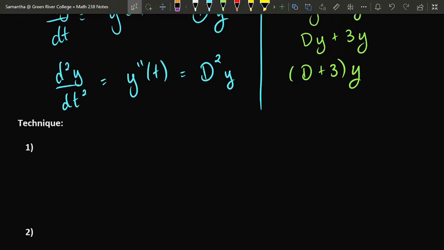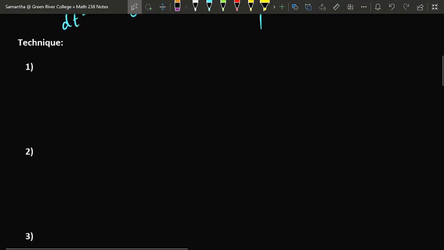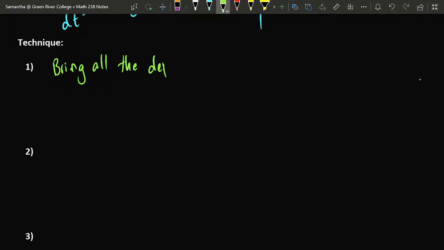So now that we've established what the differential operator represents, let's outline the general technique that we'll use to solve a system of differential equations using the method of elimination. The first thing that we do is we bring all the dependent variables, all the output variables, to one side, usually the left side, of the equations in our system.